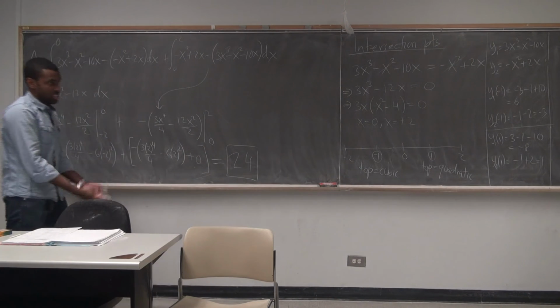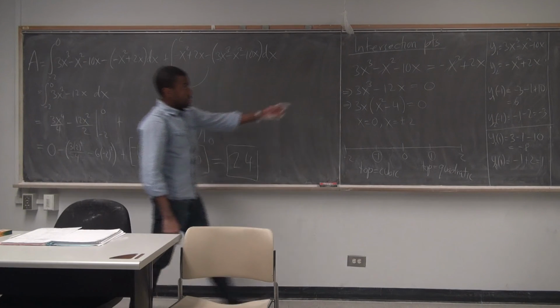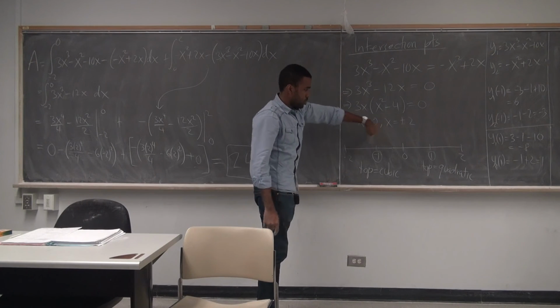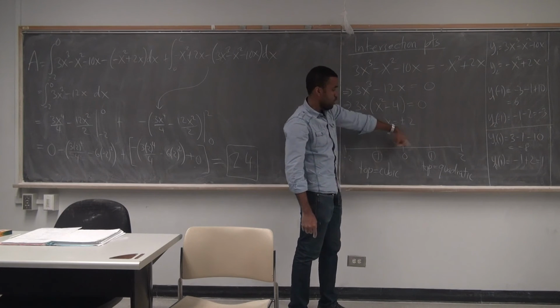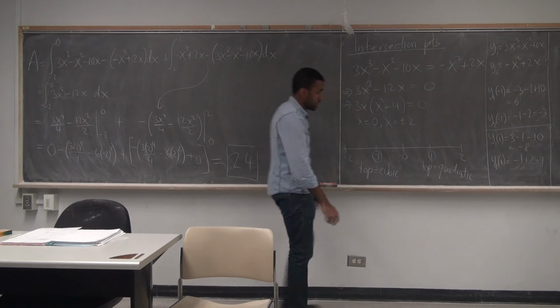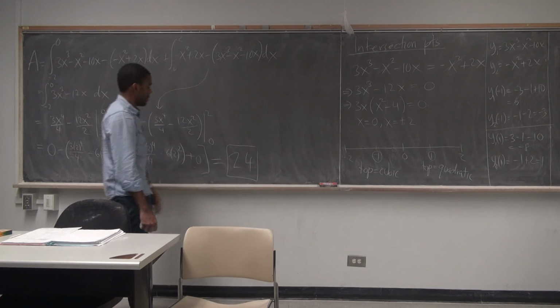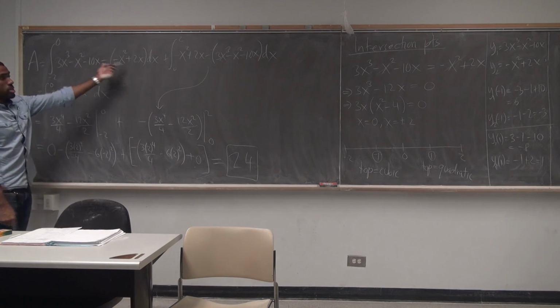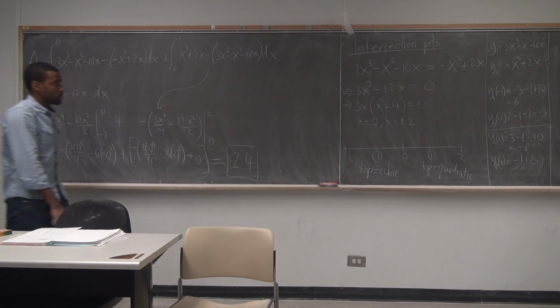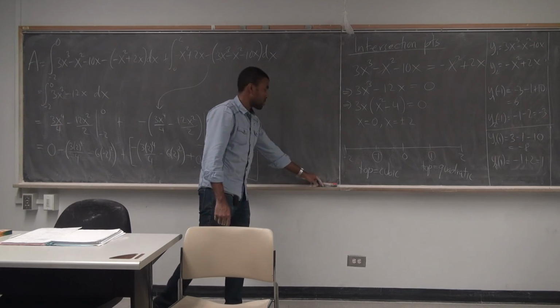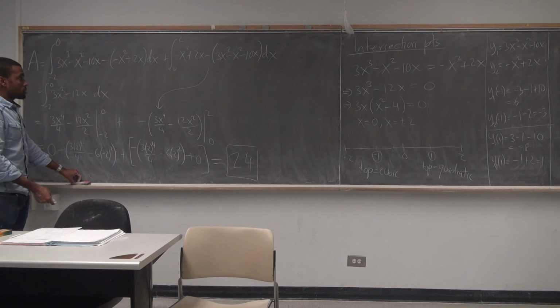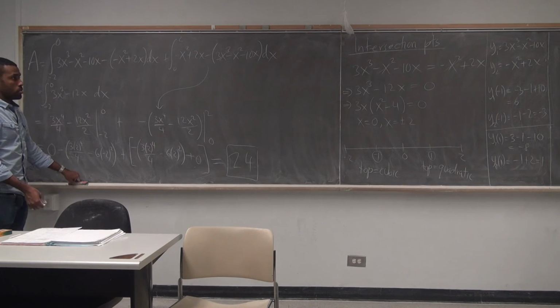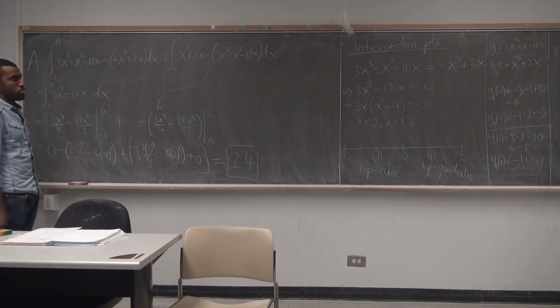If you're not asked to sketch it, you actually don't have to. You can just find the intersection points, draw your interval, plug in numbers in between the interval into each function and see who gives you the higher y value. The guy who gives you the biggest y value in each subinterval is the top function. And so you just hit the top minus the bottom. But basically what you want to get into your head is, for area between two functions, integral of the top minus the bottom.